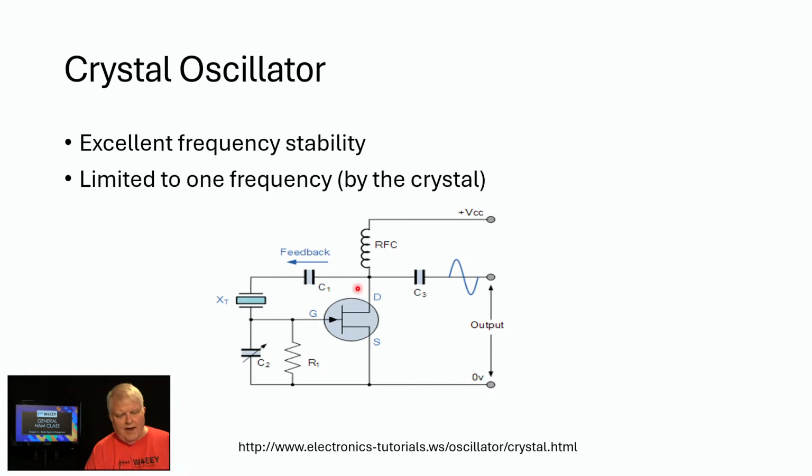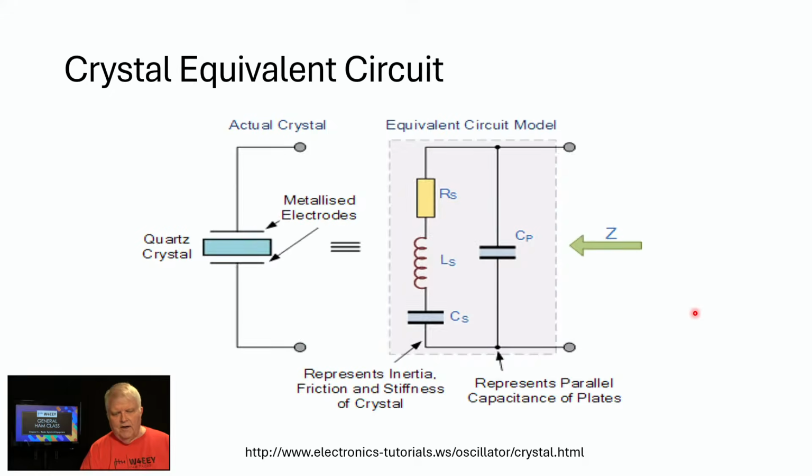So here's our amplifier, it's a field effect transistor. Here's the feedback from the amplifier going through this crystal and being fed back to the gate of the amplifier. And an equivalent circuit for a crystal is a resonant circuit, the equivalent of inductive and capacitive reactance. So this is a crystal filter, very stable on one frequency.